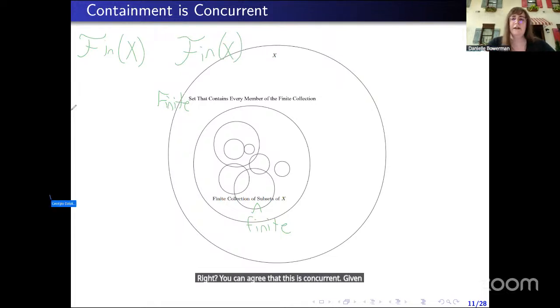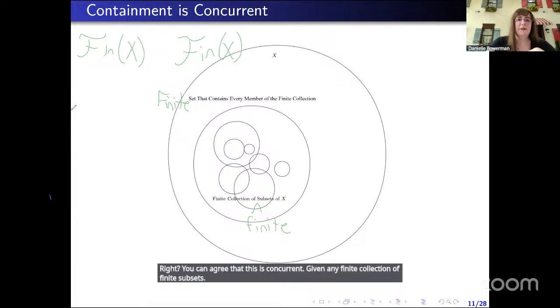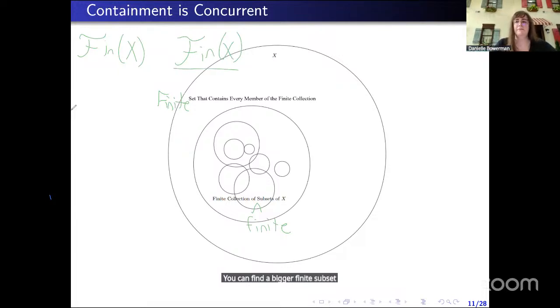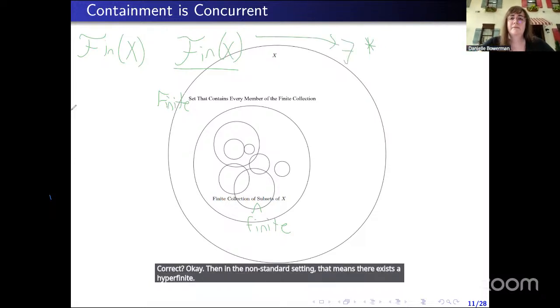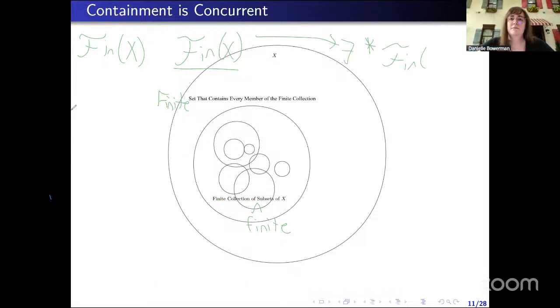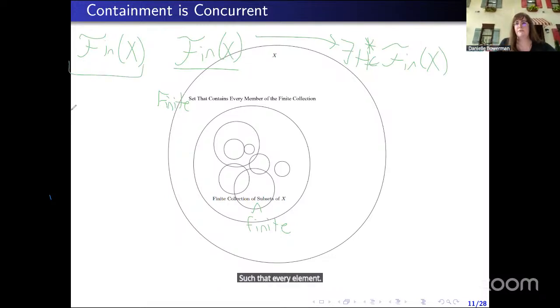Given any finite collection of finite subsets, you can find a bigger finite subset that contains all of them. Correct? Okay. Then in the non-standard setting, that means there exists a hyperfinite subset, which we can call H, such that every element of the finite subsets of X is contained in H, which really just tells us that X is contained in H, right?